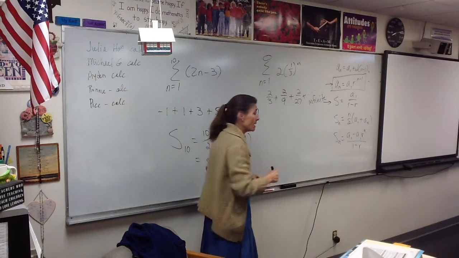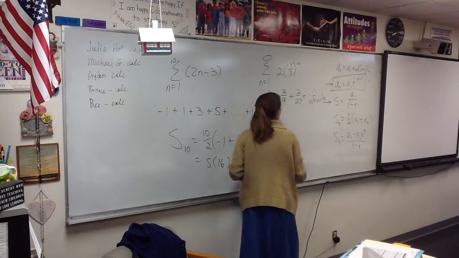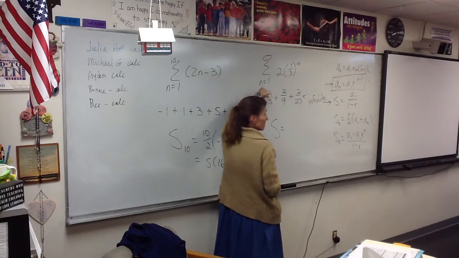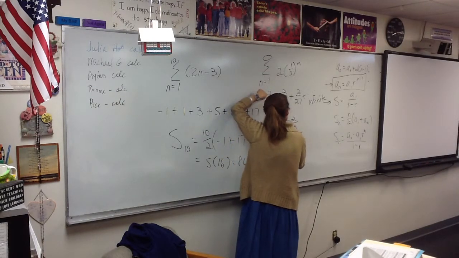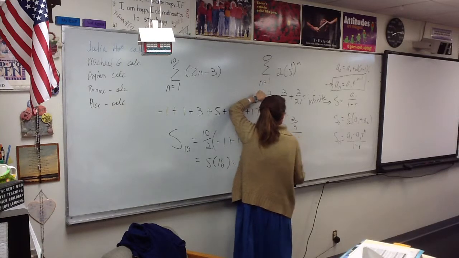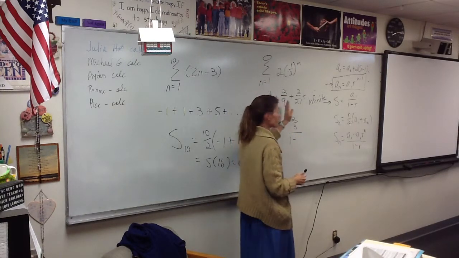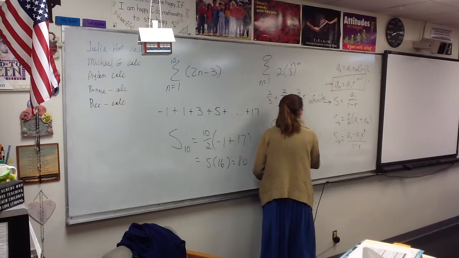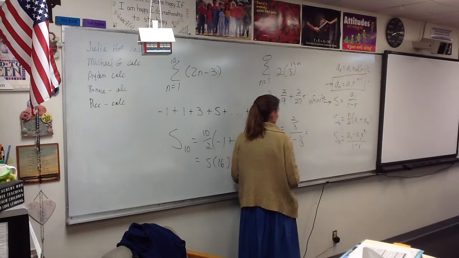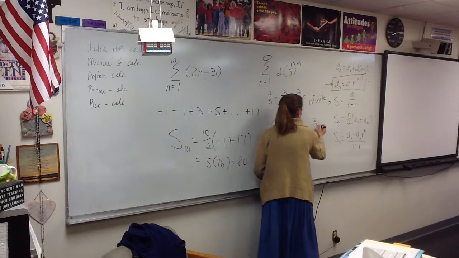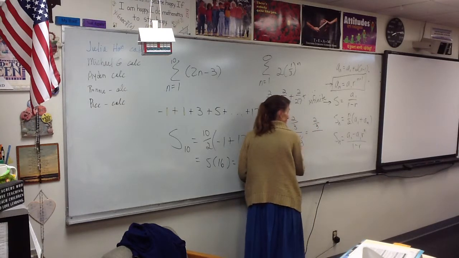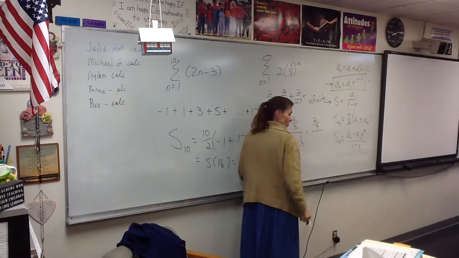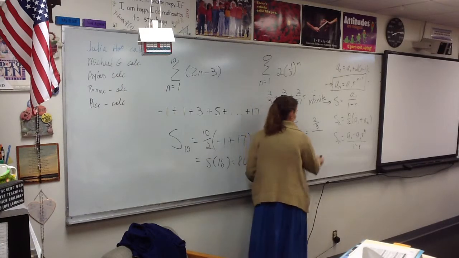So now we want to add them up. So it says the sum is going to be, according to the formula, the first term, which is 2/3, over 1 minus the common ratio. What did you say I was multiplying by? 1/3? Oh my golly. Look at this. 2/3 over, what's 1 minus 1/3? 2/3.